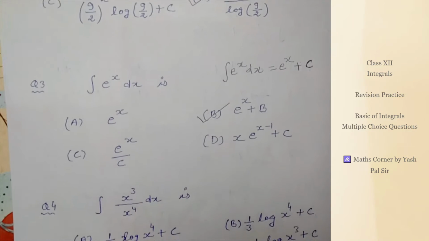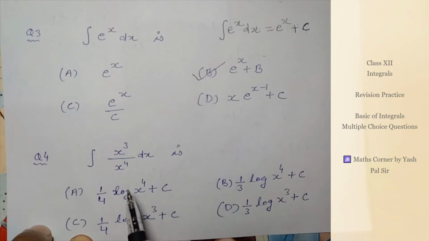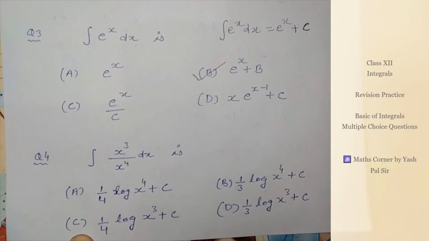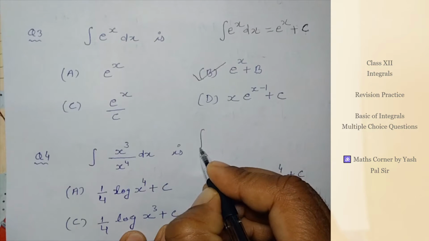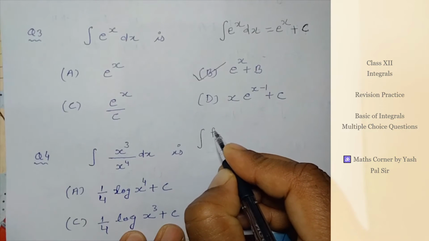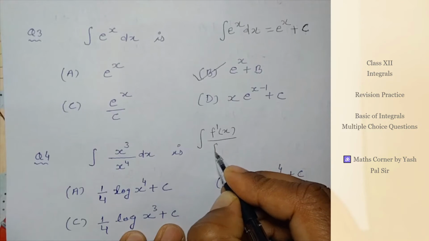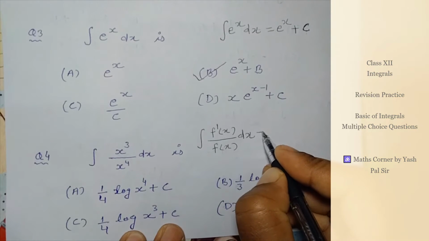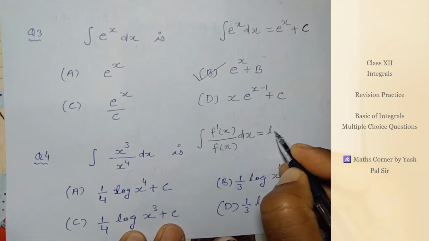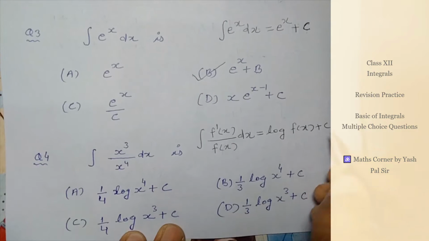Now coming to the next question, question number 4, x raised to power 3 divided by x raised to power 4 dx. Now here we recall the rule. The rule is: integration of f dash x upon f of x dx, where the numerator is the derivative of the denominator, is log of f of x plus c.